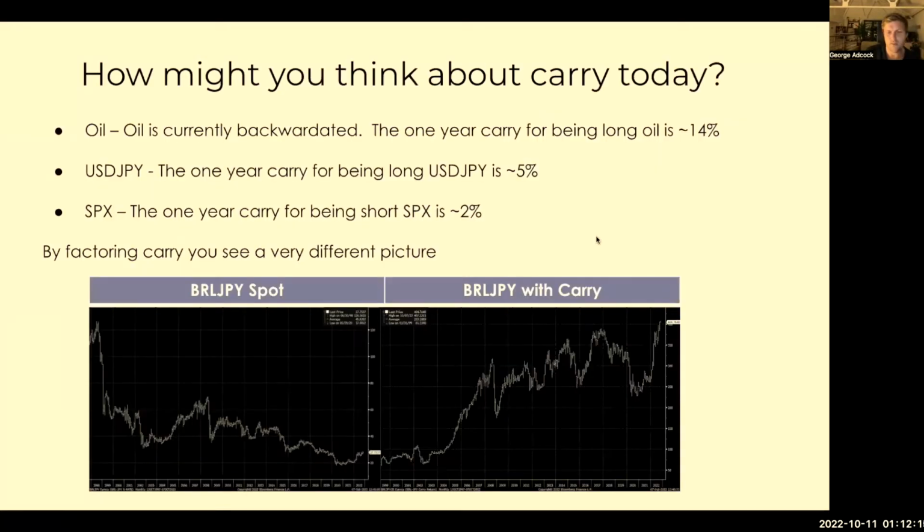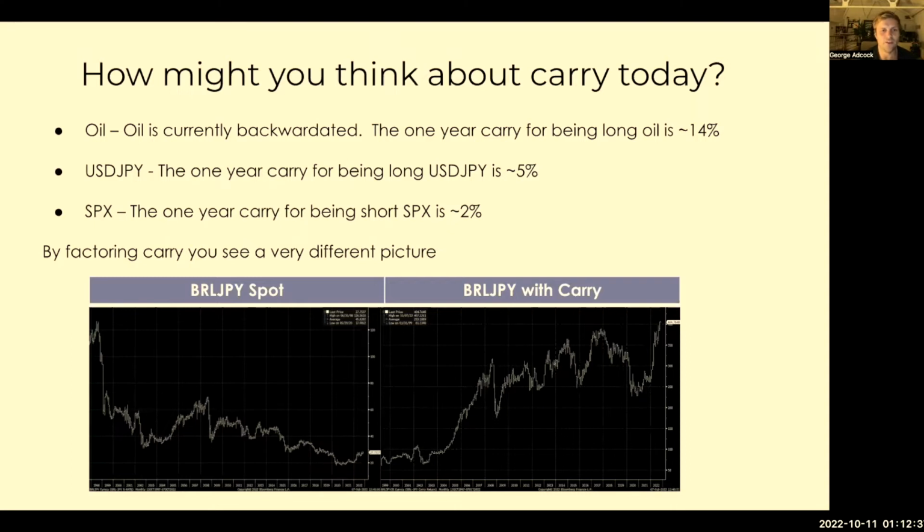Here we go. Okay, so these are a couple of examples for you to think about today. Occasionally in a market, you get a scenario where there's a very strong fundamental driver. Right now we have a very, very tight oil market. We have a very aggressive Federal Reserve.